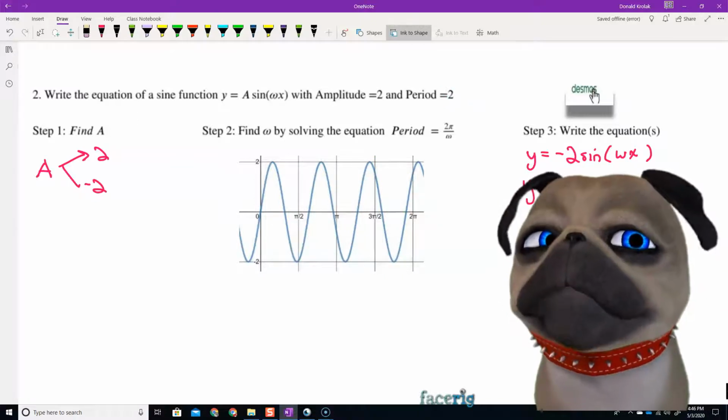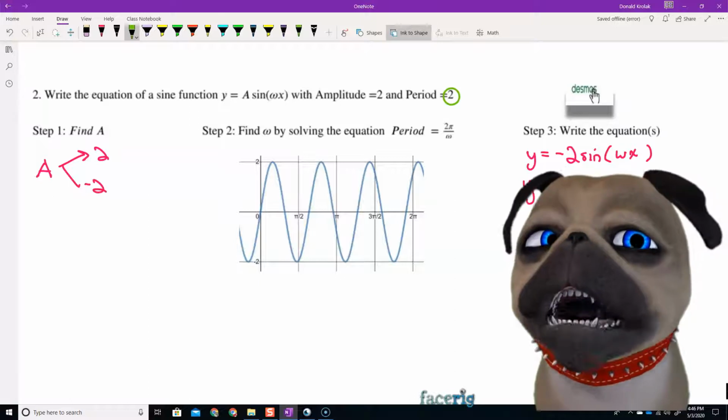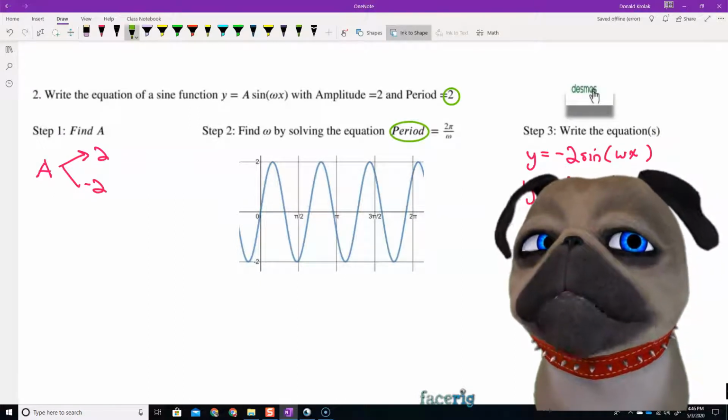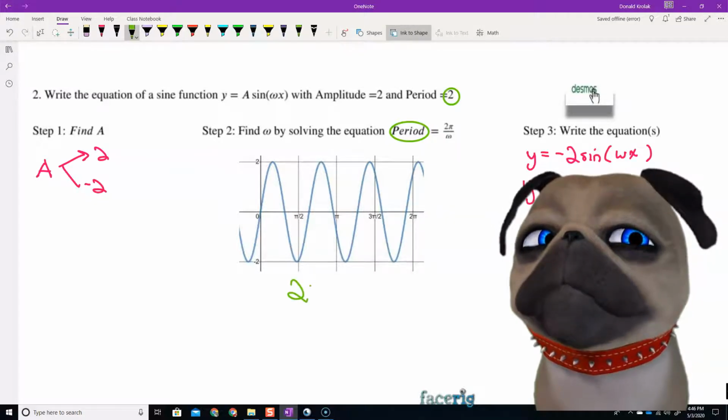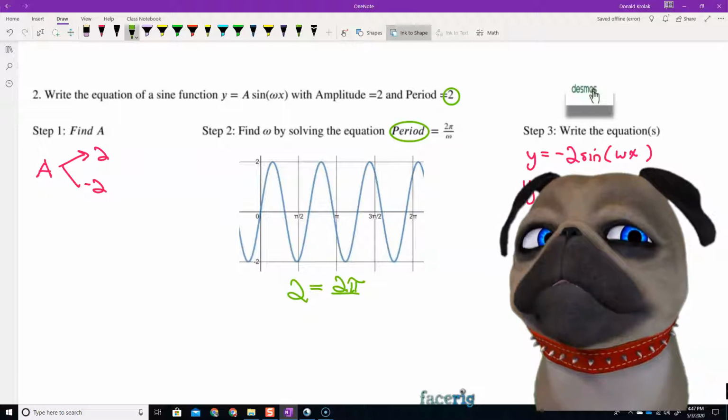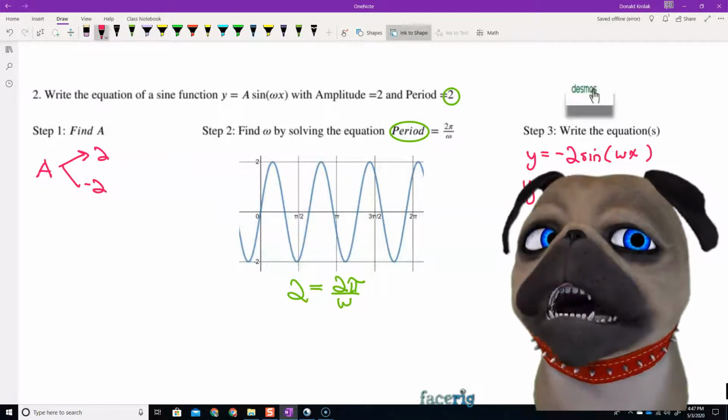Or our omega value. Okay, so I take my period, 2, and I substitute it into the word period. So that's going to give me 2 equals 2 pi divided by omega. Okay, now we're going to solve for omega.